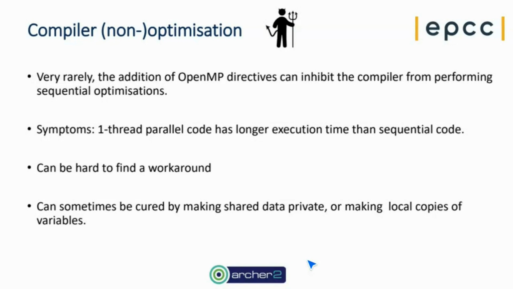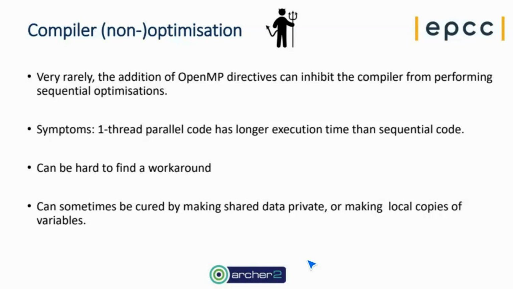If you have an OpenMP parallel loop or parallel region, the compiler extracts the block of code inside the parallel region into an internal function, and that's how the implementation is really done.